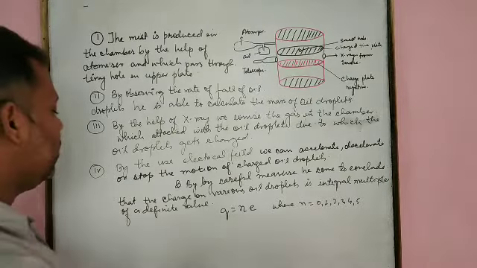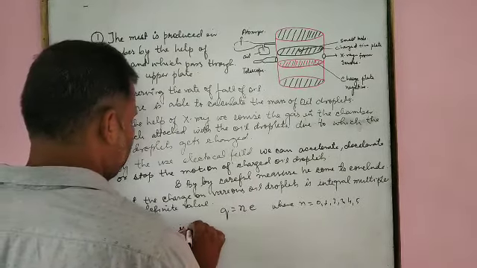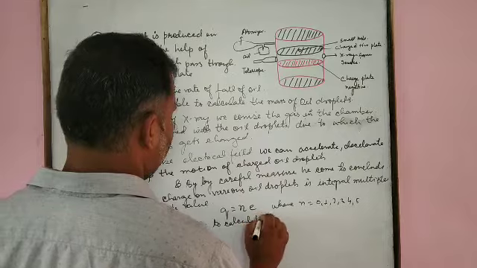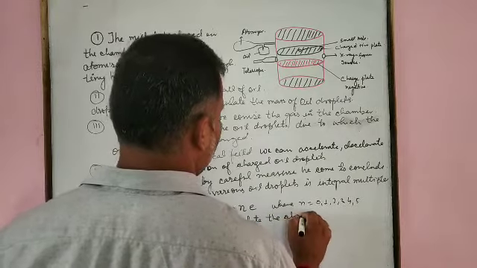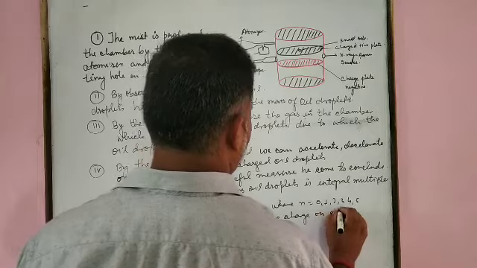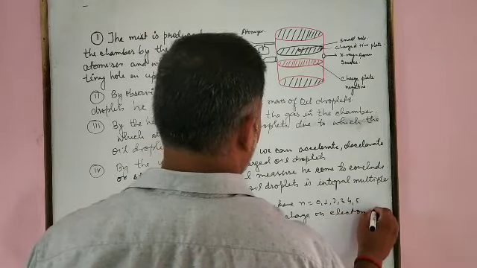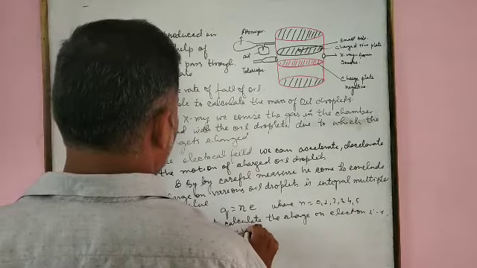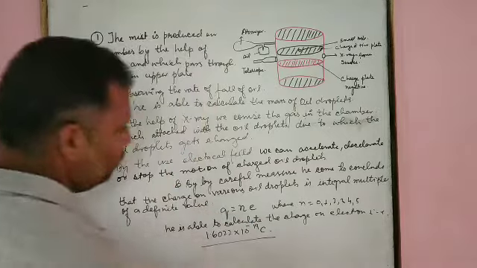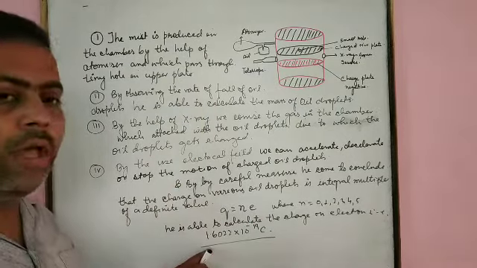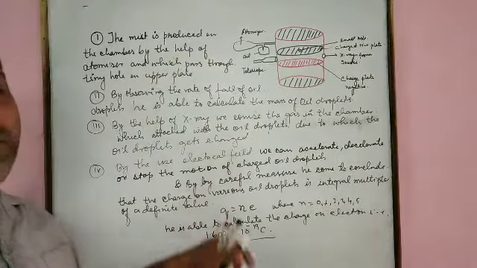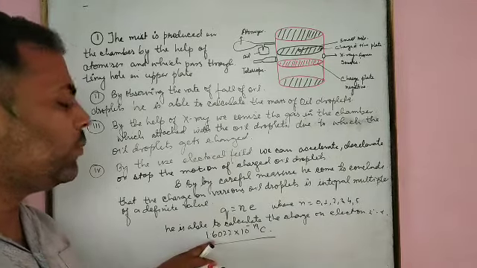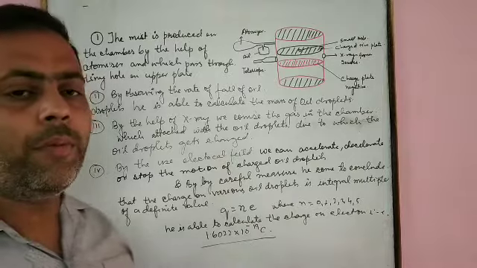This is how he is able to calculate the charge on the electron, that is 1.6022 × 10^-19 coulomb. What do we have? The charge on the electron. With the help of this Millikan oil drop experiment, he came to conclude that the charge on an electron is 1.6022 × 10^-19 coulomb.